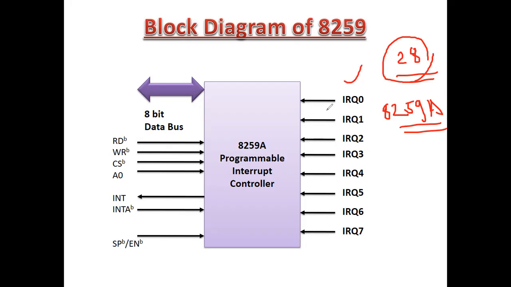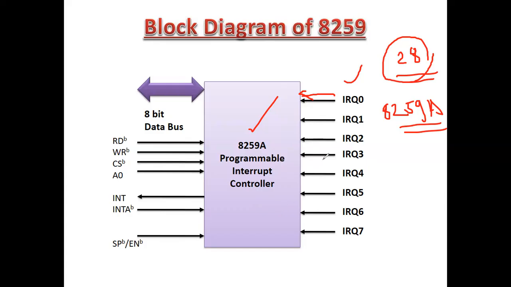IRQ0 to IRQ7, all these are the interrupt requests. And here you can see the arrow is pointing towards the IC. What does it mean? It means these pins will act as inputs to accept interrupt requests to the CPU. All these requests act as inputs to this 8259A programmable interrupt controller.